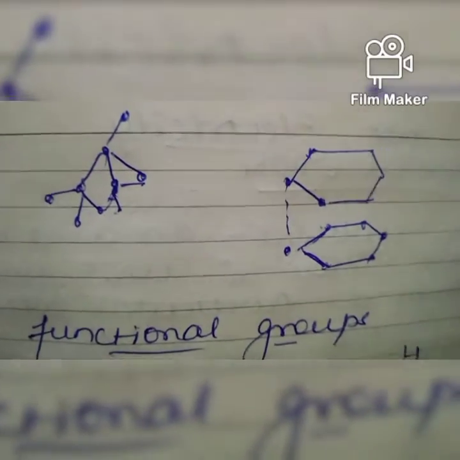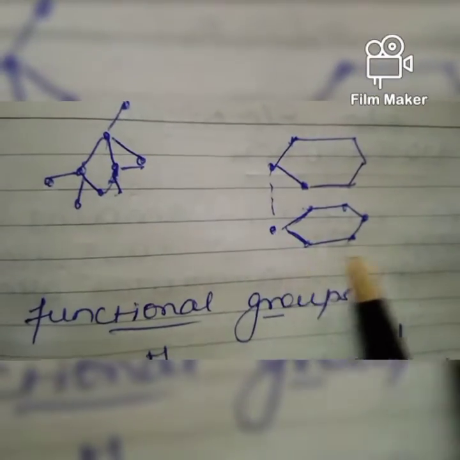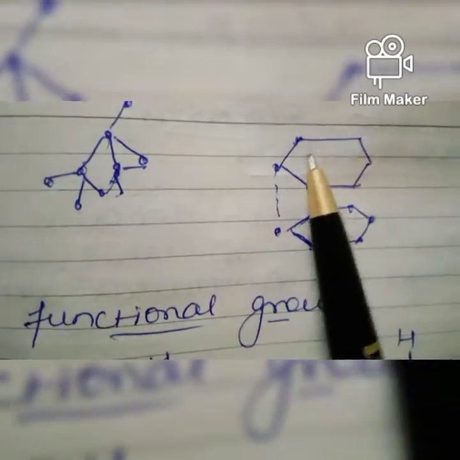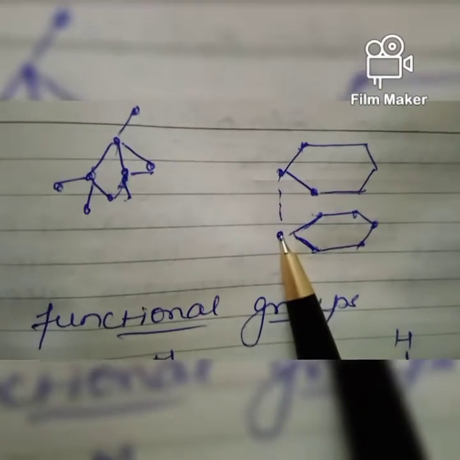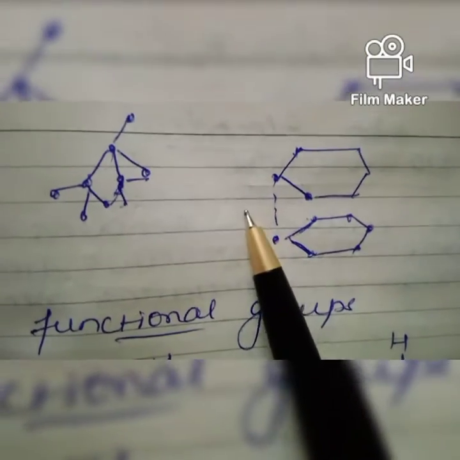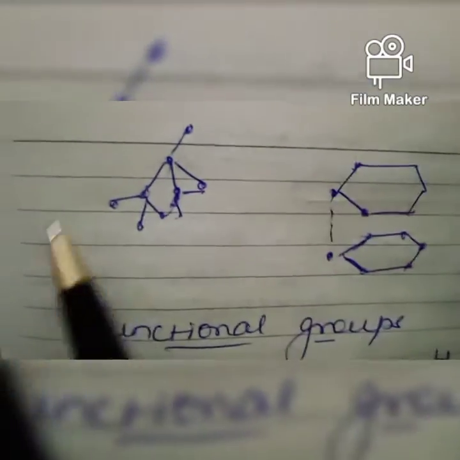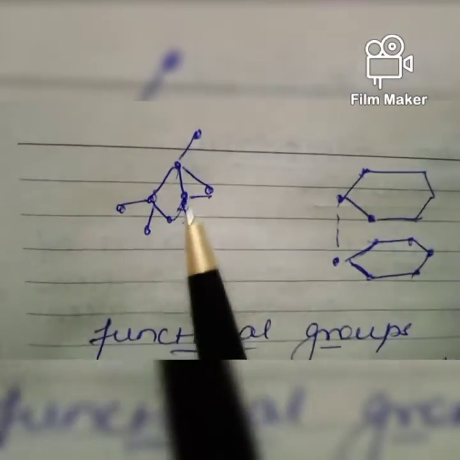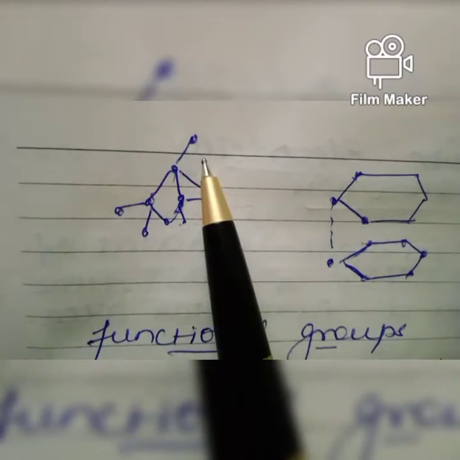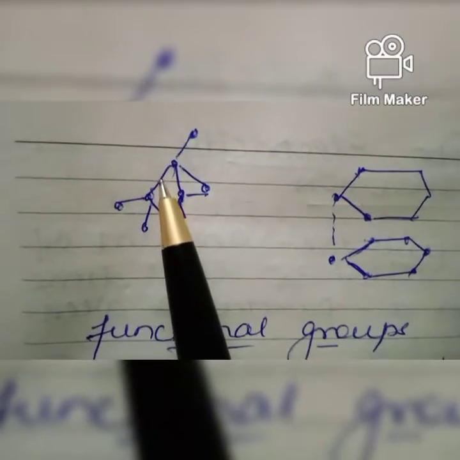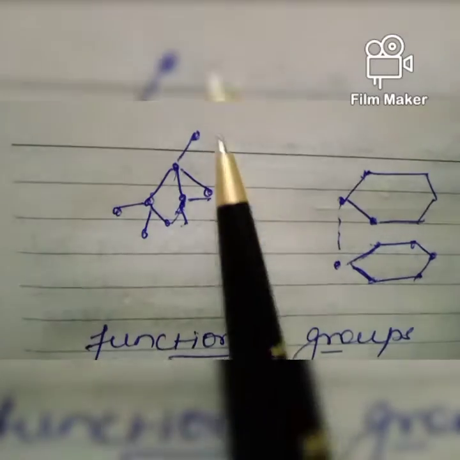So this gives us a plate-like structure. This bond is weak, so it can break easily. Therefore, it is not very hard. Diamond is very hard because the intermolecular bonding is very strong.